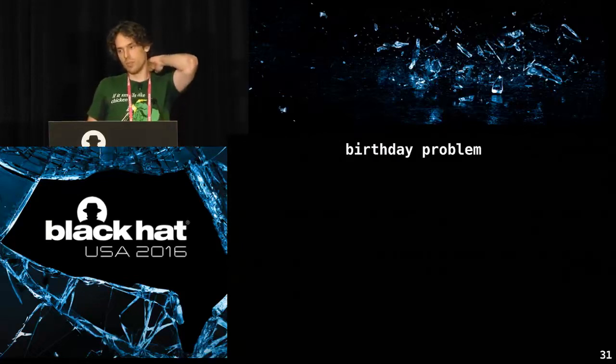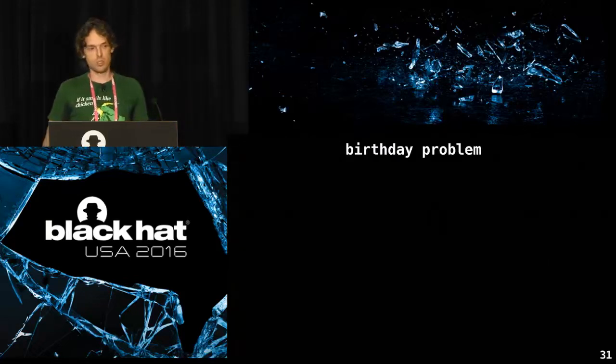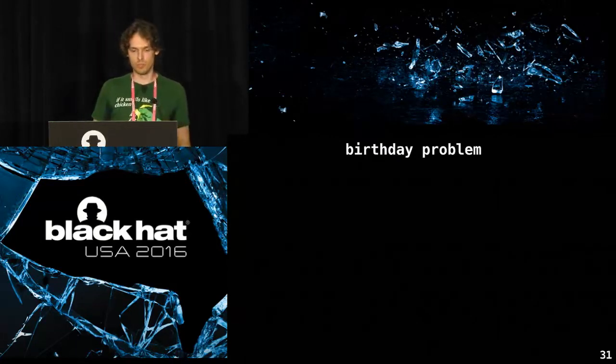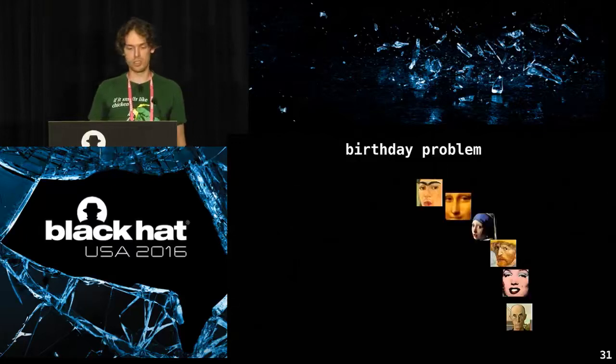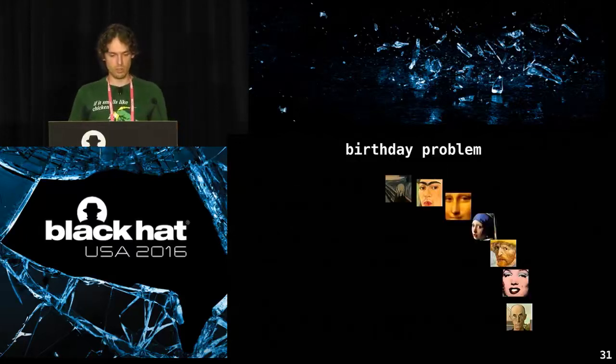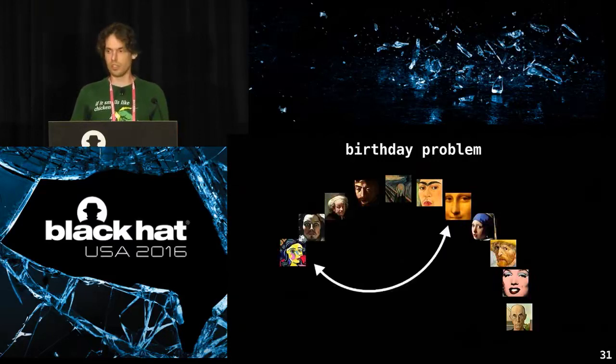To solve this, we make use of the same intuition as the birthday problem, also called the birthday paradox. This says that in a surprisingly small group of people, the chances of two people having the same birthday gets very high.